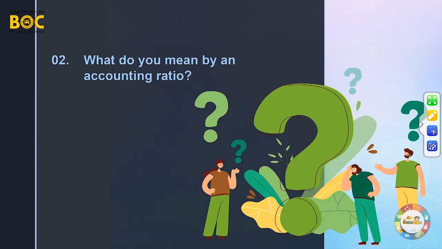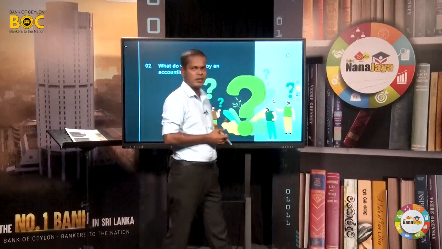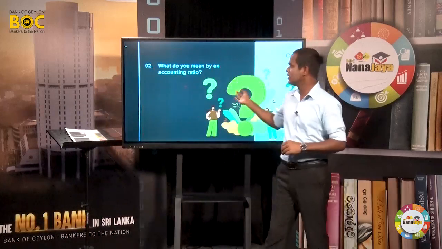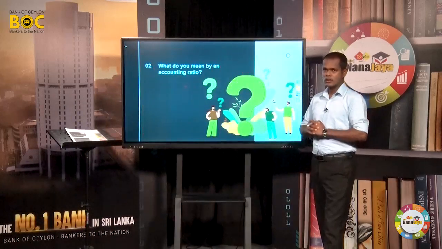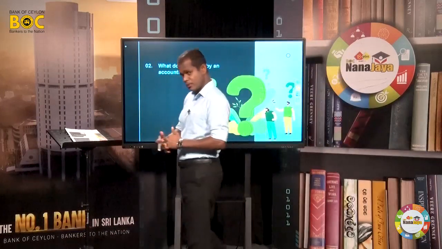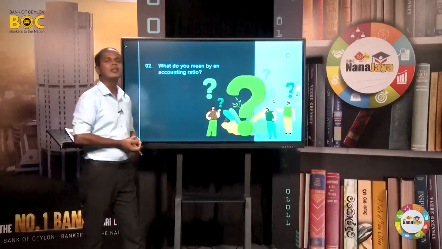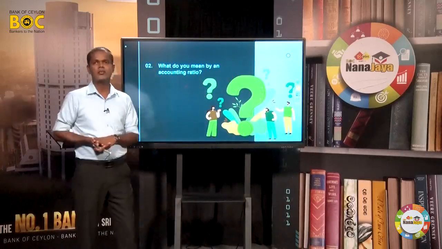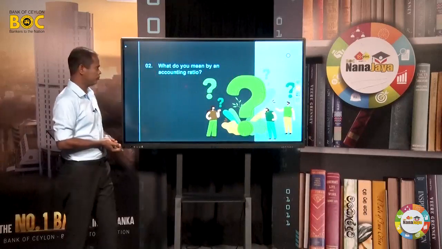The accounting ratio means the mathematical relationship between two or more accounting data, accounting information, we call an accounting ratio.